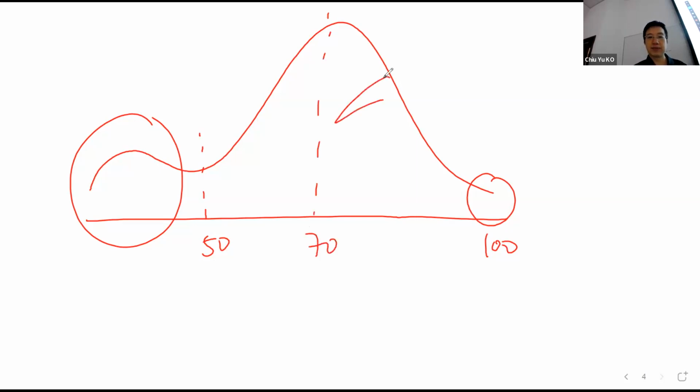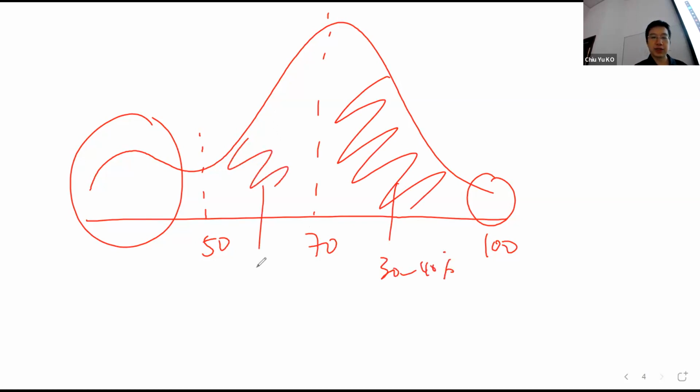At least 30 to 40% of people are here, and 60% here, and the remaining 10% like here. This is what I learned from historical data, from what I taught, and I think it fits many schools. I think it's similar for CUHK as well.